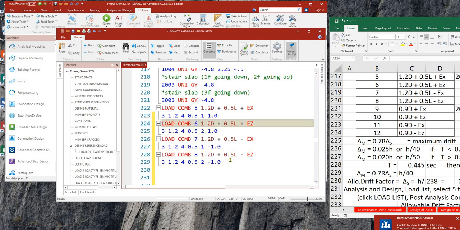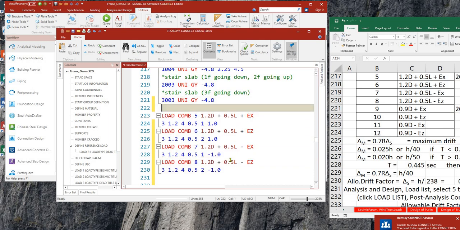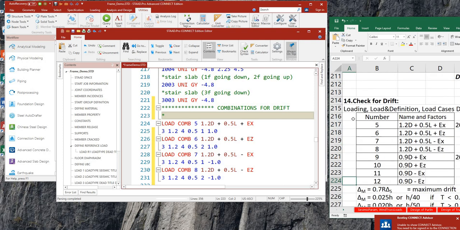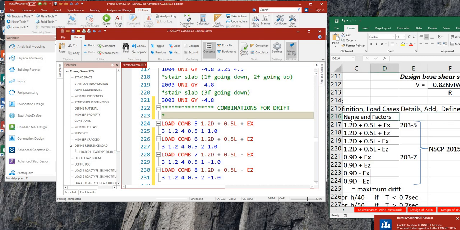But before doing that, let's make a comment here. Let's take this as combinations for drift. Then this is 208 or 203-5. Okay? 203-5.